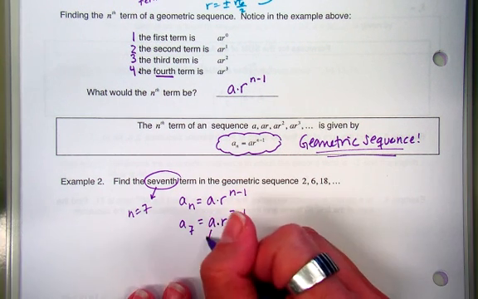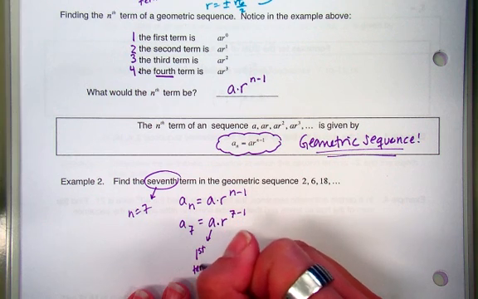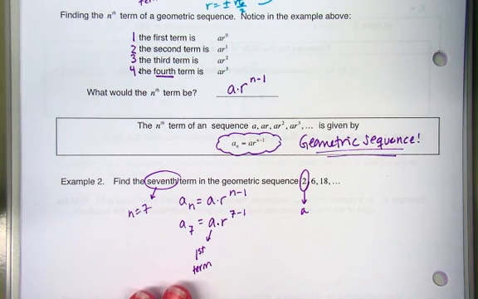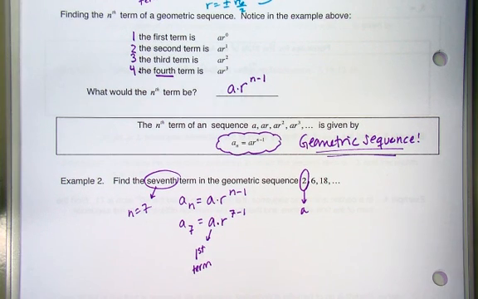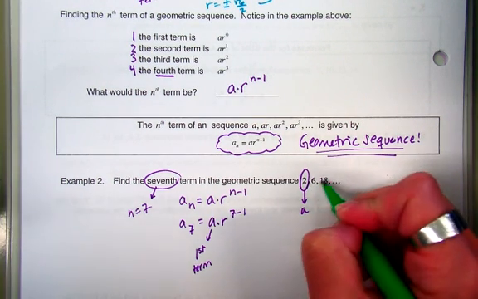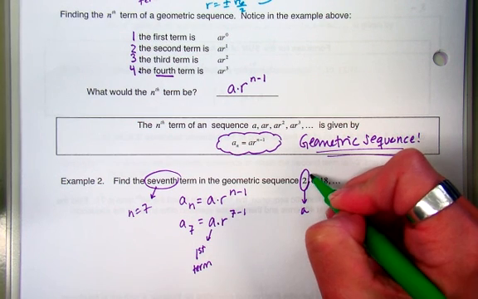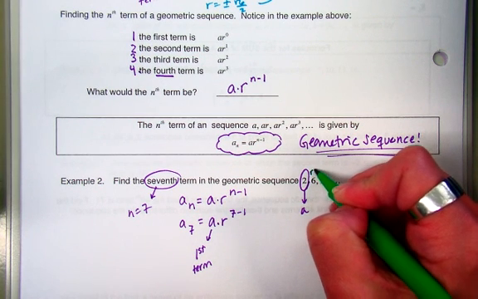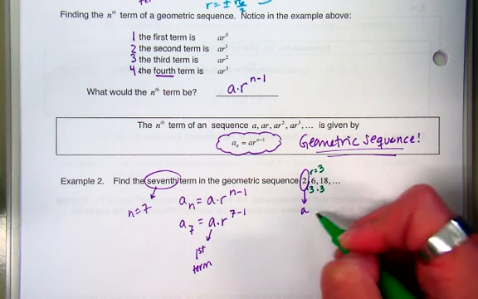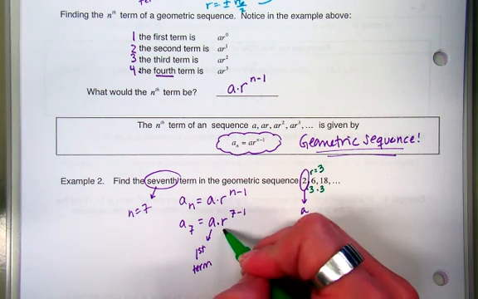Well, a is just the first term, so a is just 2. And r is the common difference between them, or sorry, the common ratio between them. So what am I multiplying by each time here? This one's a pretty easy one to figure out, right? And so r would just be 3, because I'm multiplying by 3, etc. So a is equal to 2, r is equal to 3.